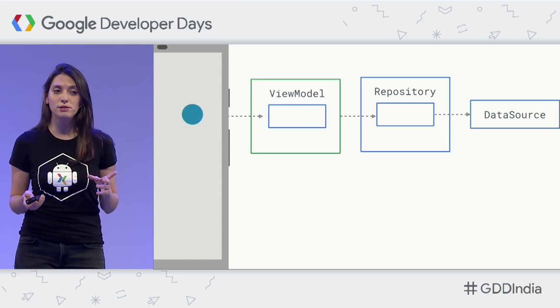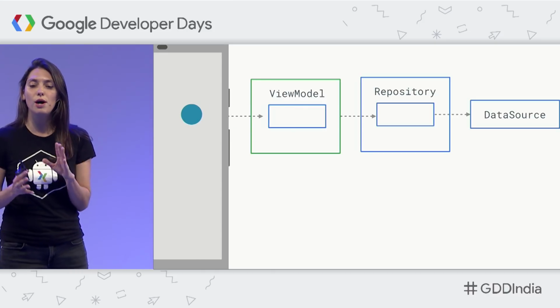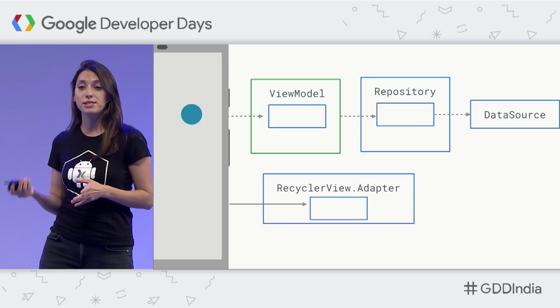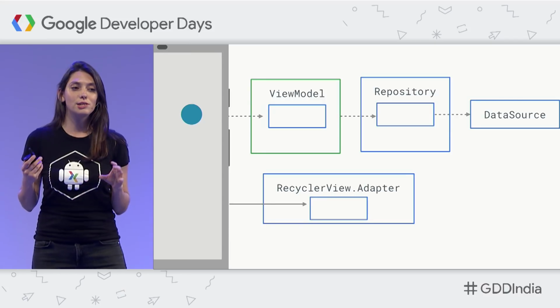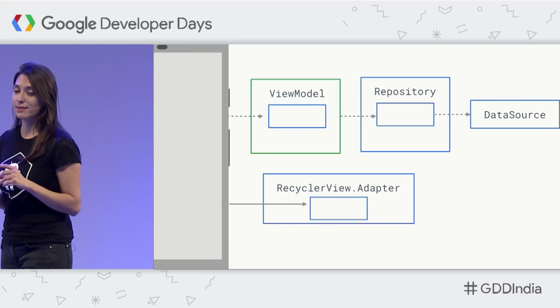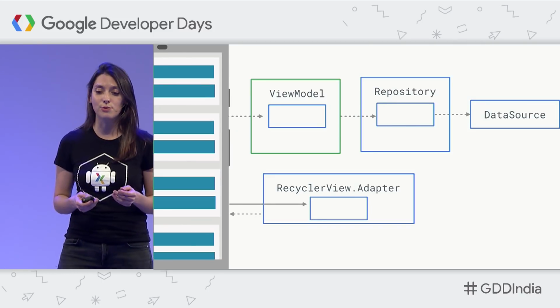And then the ViewModel gives that data to the UI. So let's say that in the UI we have a recycler view. And that recycler view would work with a recycler view adapter. So that data would go to the adapter, and only then the adapter will notify the UI and will display the list on the screen.